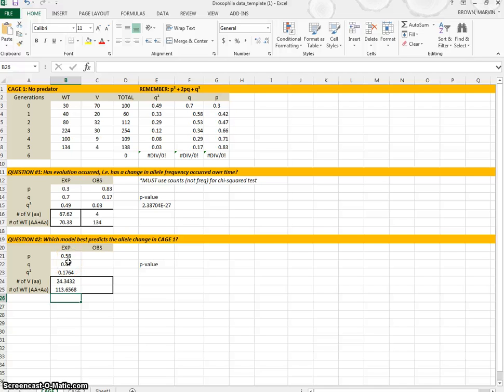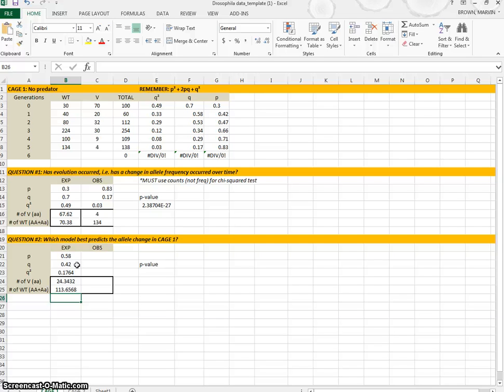Okay, now for question 2, it wants to know if what Populus predicted matches what we have. Now, if you remember back, the Populus model just predicted it based on the fitness level of one of the flies changing. So that's all we manipulated.